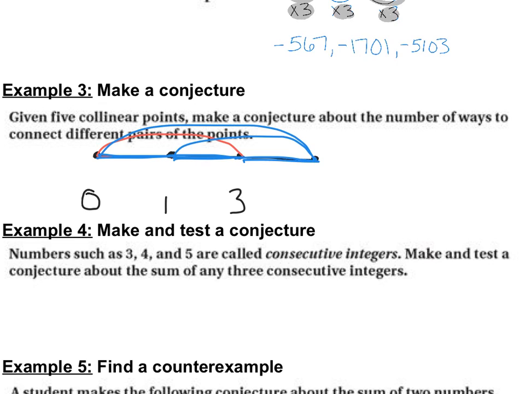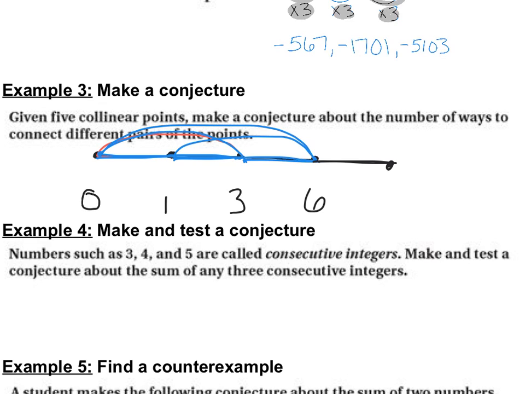So we would have 5 plus from point 1 to point 3, which would also make 6. So there would be 6 ways to connect 4 points on that collinear line. Okay? Now what about the fifth collinear point?